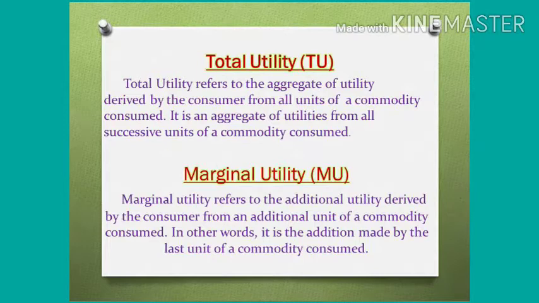Total utility refers to the aggregate of utility derived by the consumer from all units of a commodity consumed. It is an aggregate of utilities from all successive units of a commodity consumed.